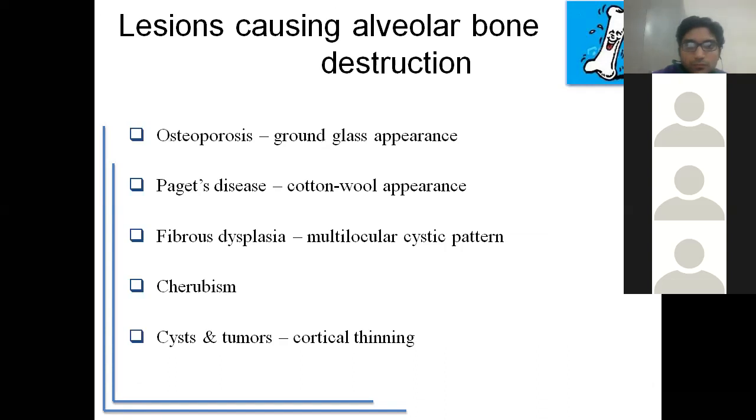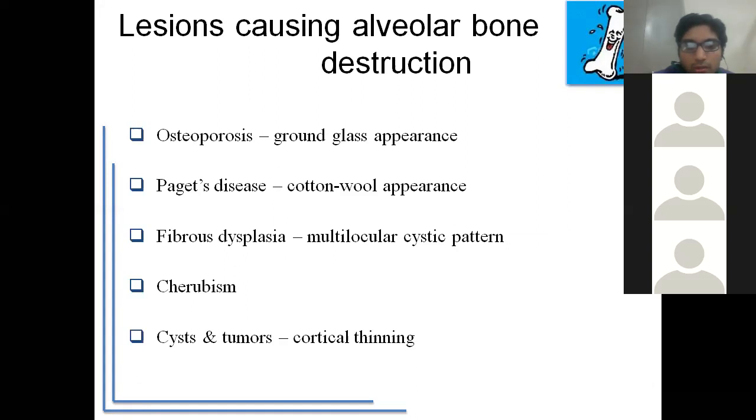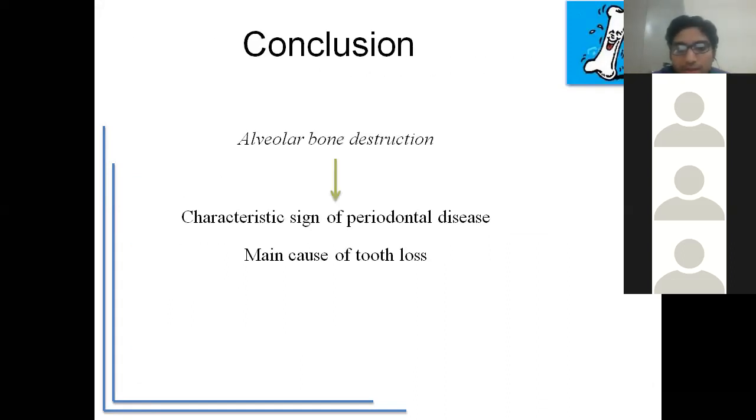This leads to all the patterns of bone loss, right? So alveolar bone destruction is a characteristic sign of periodontal disease, and it is a main cause of tooth loss. So all these patterns which I told you, you should remember.